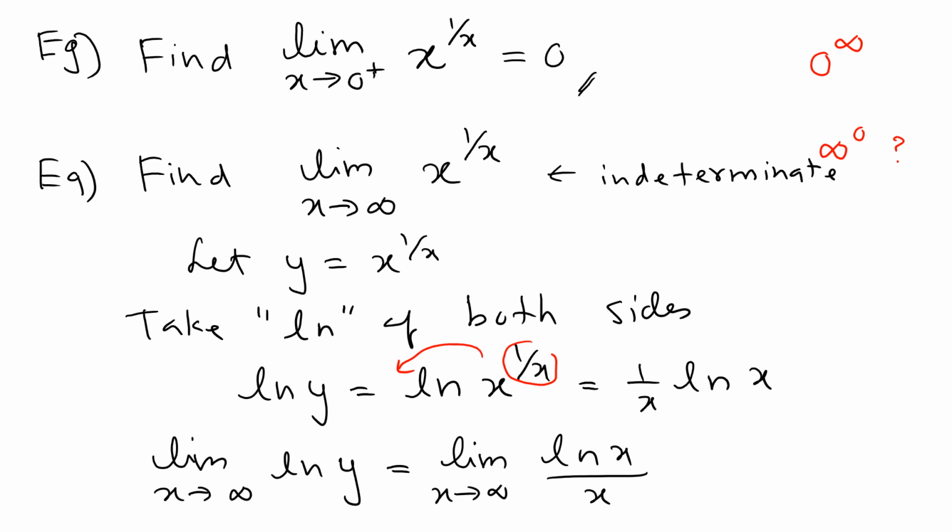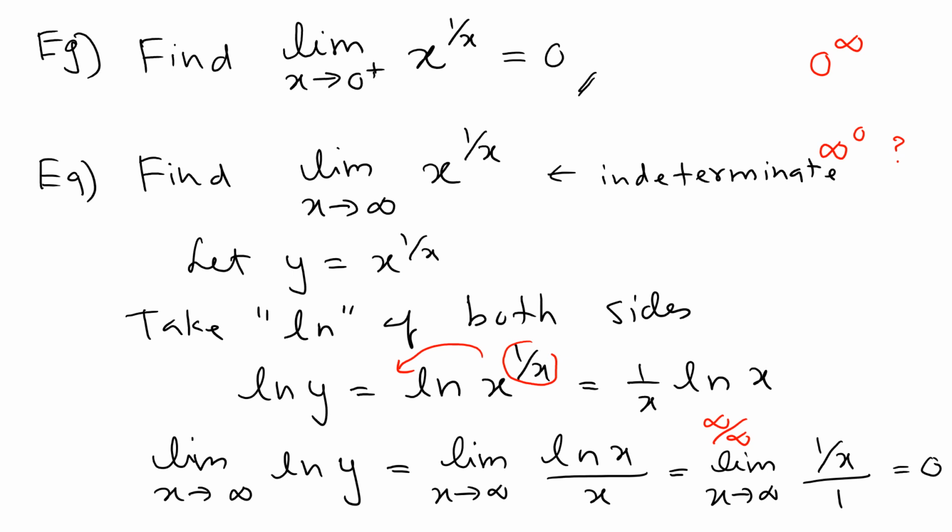When x goes to infinity, this is an infinity over infinity problem. Since this is infinity over infinity, we take the derivatives. The limit as x goes to infinity of the derivative is 1 over x over 1, and you can clearly see that when x goes to infinity, this goes to 0. So the limit is 0.